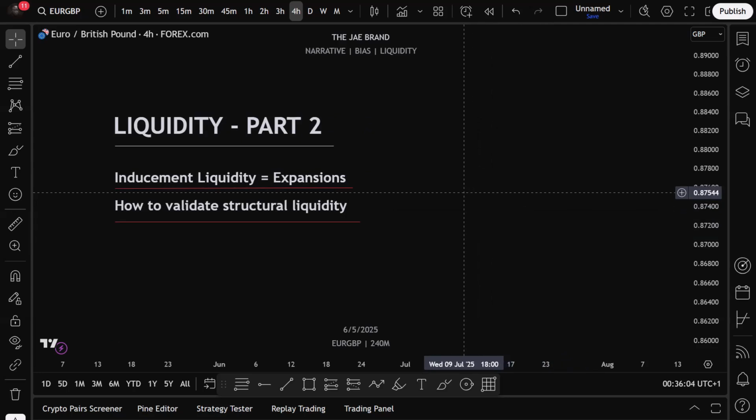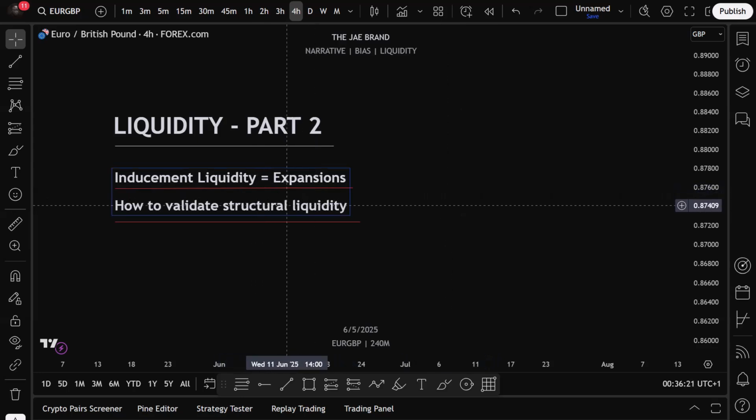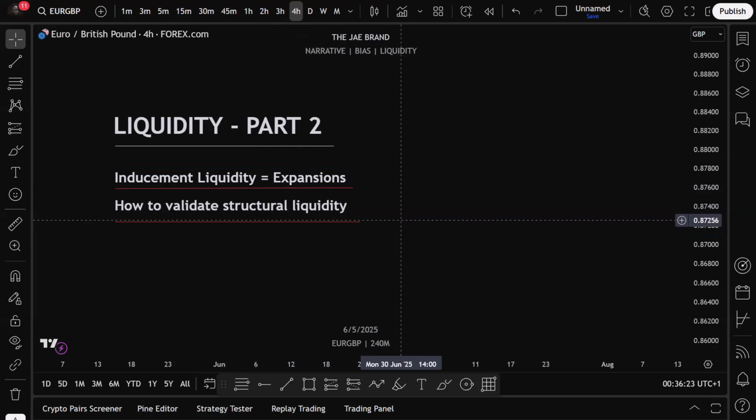So, in this session, we are going to continue from our previous lesson on liquidity. In this section, we'll be discussing inducement liquidity, which is used for expansions, and I'll be showing you how to validate your structural liquidity.